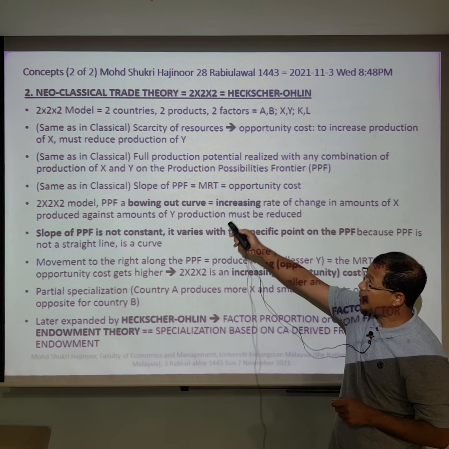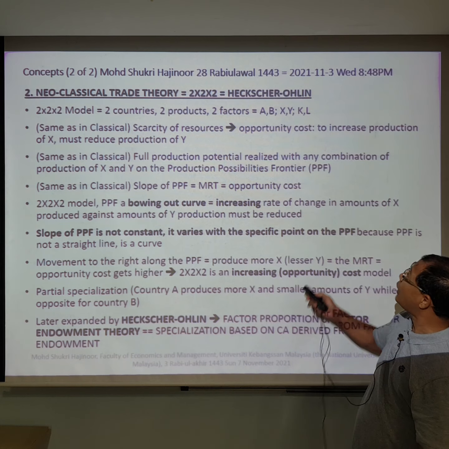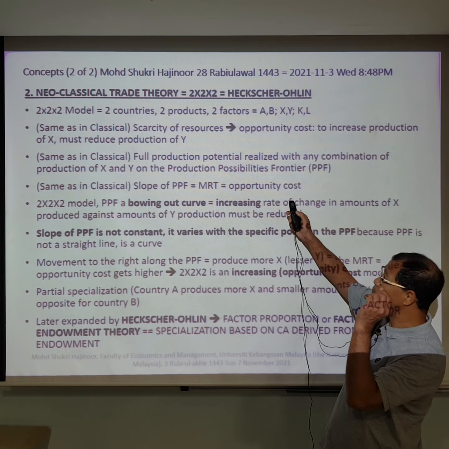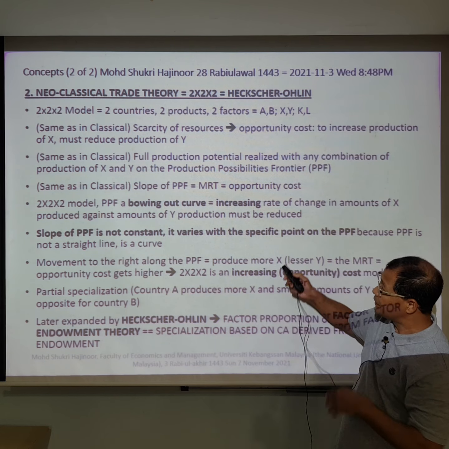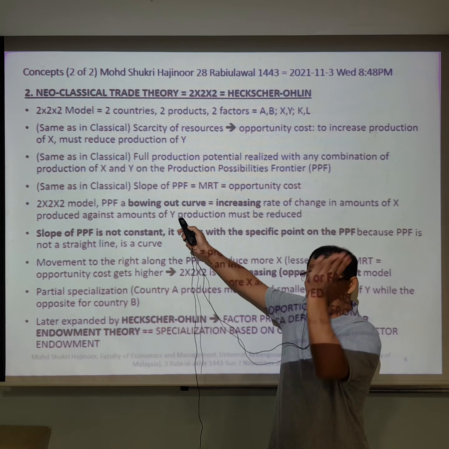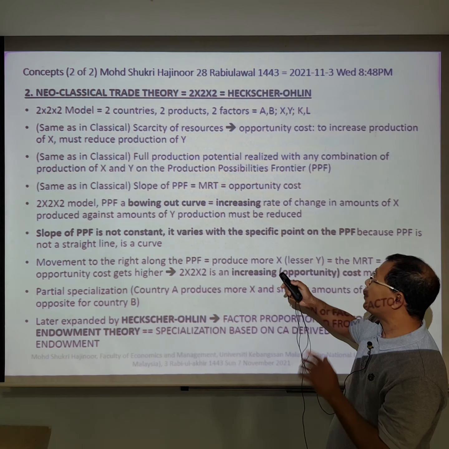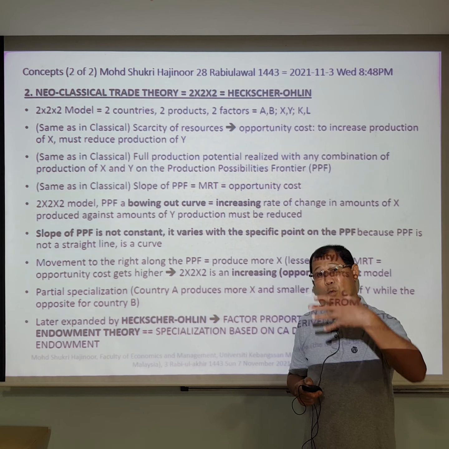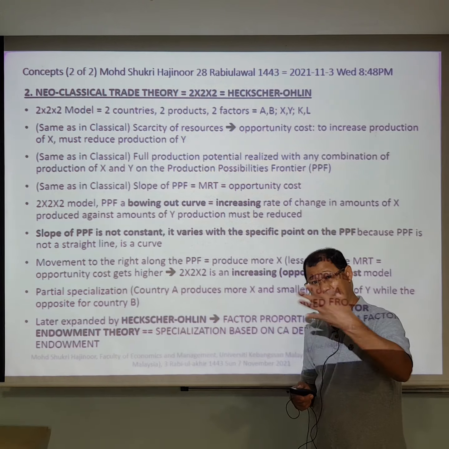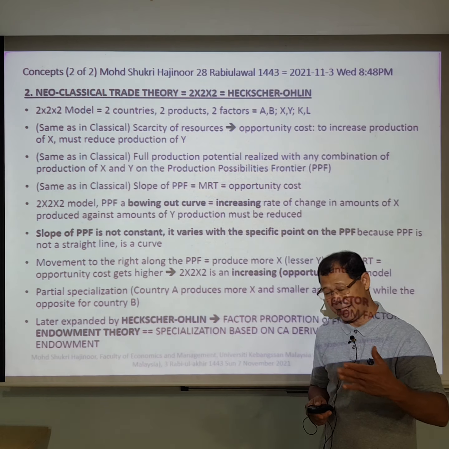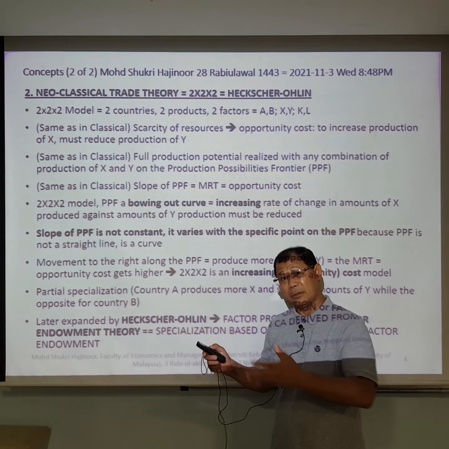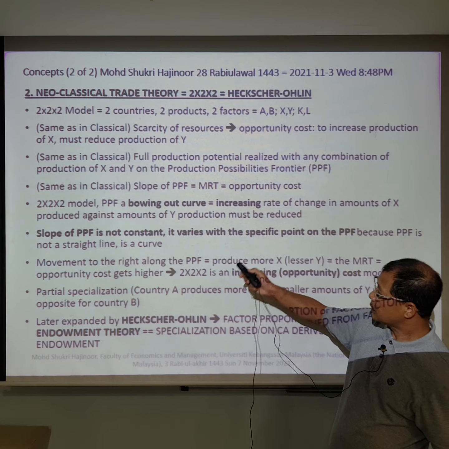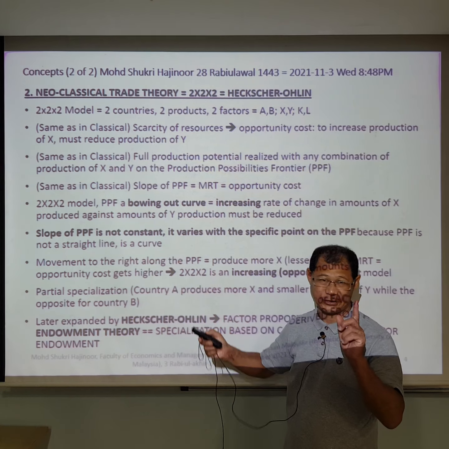So, same as classical, based on scarcity of resources and opportunity cost, and same as in classical, food production on the line of PPF. The 2x2 model is a bowing out curve. It's not a straight line, so there is an increasing rate of change in the amount of Y that the country must give up in terms of production when that country increases one unit of X. So the slope of the PPF is not constant.